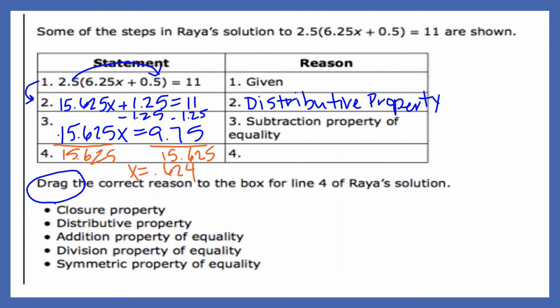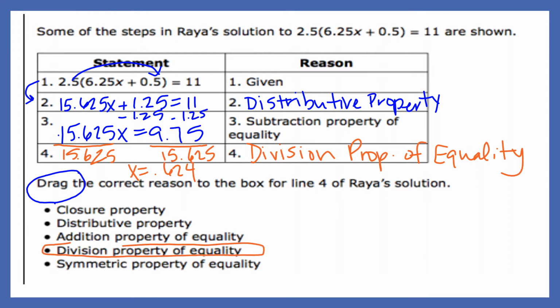But keep in mind, this question is asking for the reason. We want to know, what did you use? And we divided, so that's called the division property of equality. So this answer would have been this one for step 4.